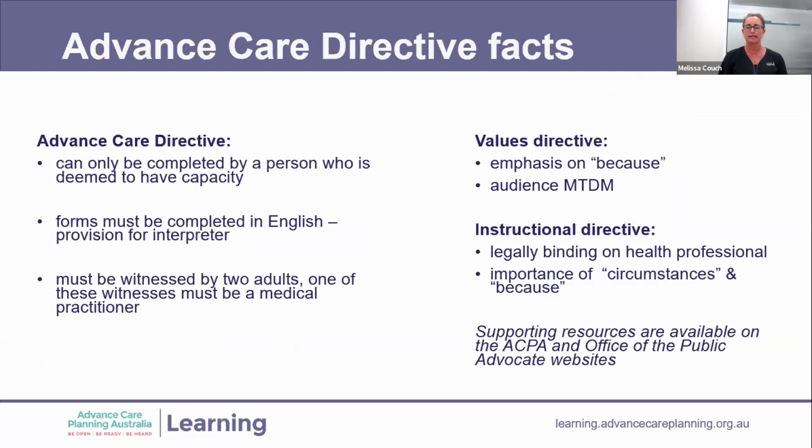The Advanced Care Directive can only be completed by a person who is deemed to have capacity, because they are actually writing down some complex scenarios. So they need to understand what it is that they're writing down. They must be written in English, and they must be witnessed by 2 adults, one of which must be a medical practitioner. Because we're talking about medical scenarios, we need to know that the patient has a good understanding about some of the decisions they might be contemplating or looking at recording on that Advanced Care Directive.